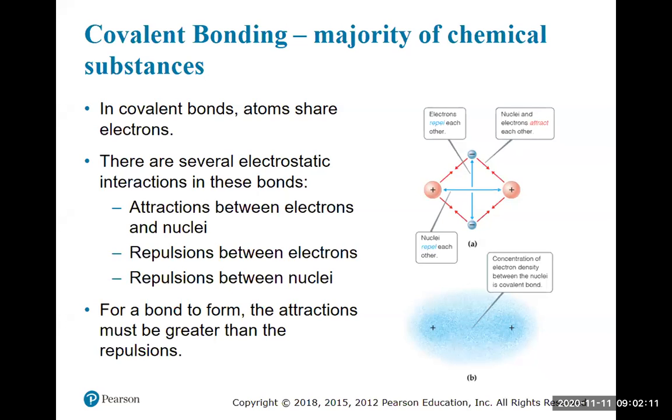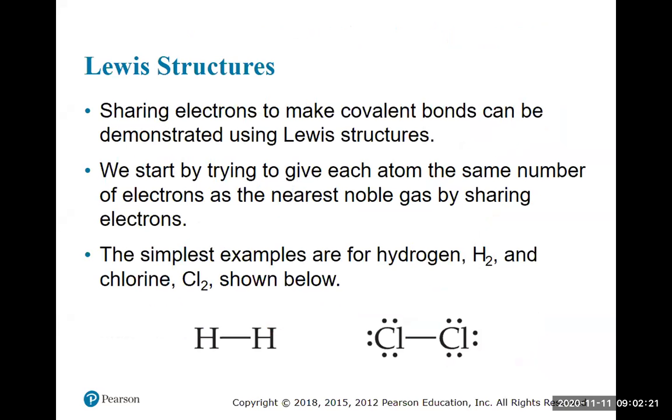And that's the bonding distance, all that stuff we've been talking about. We'll talk about that a little more, and about how we use Lewis structures to demonstrate that. But for now, I'm going to stop here and we'll pick this up next week.